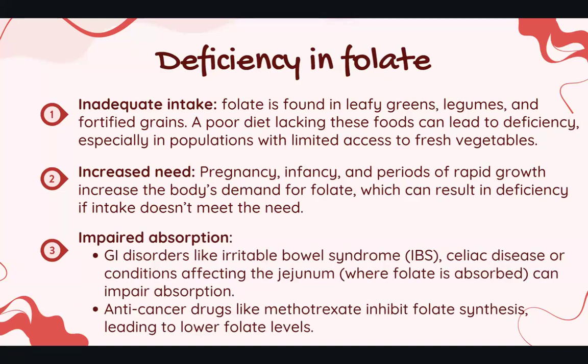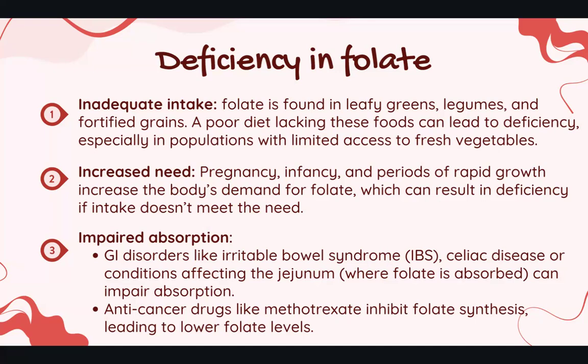Basically, you would see this in GI disorders. How would an impaired absorption result in deficiency? As we said, folate is absorbed in the jejunum, which is the upper part of the small intestine. After it is absorbed, it is converted and travels around the body in the form of 5-methyl-tetrahydrofolate, as we mentioned before. And impaired absorption of folate would result from gastrointestinal disorders.